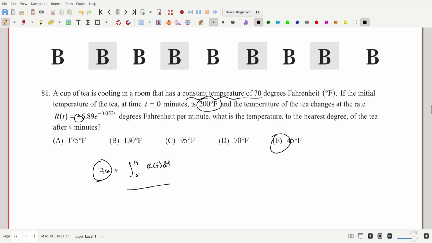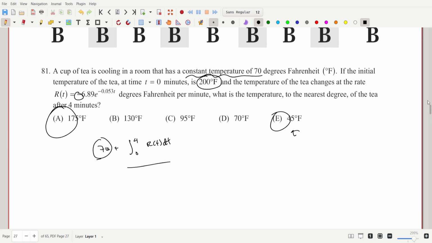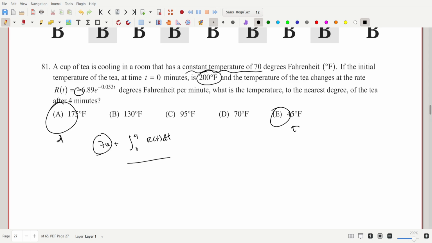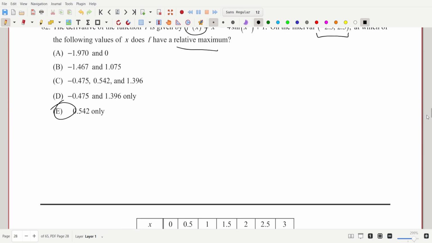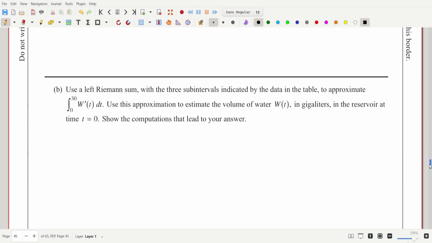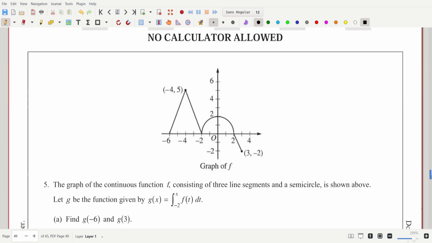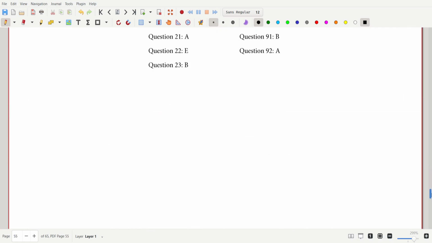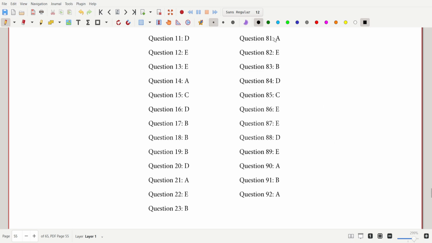It should have started at 200, so it should have been 130 more than this. So 175 should have been A. And let's just check that. Yeah, read the question more carefully. Surprise, surprise. You do things wrong when you don't read it. 81 was, oh, here we go. Yeah, it was A. Okay, not too bad.